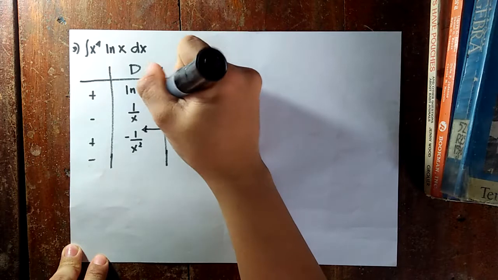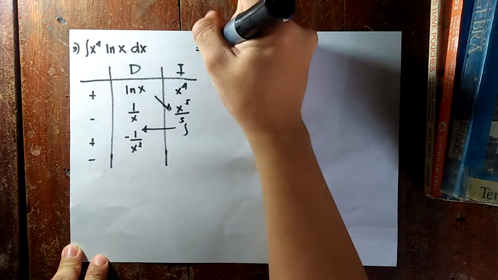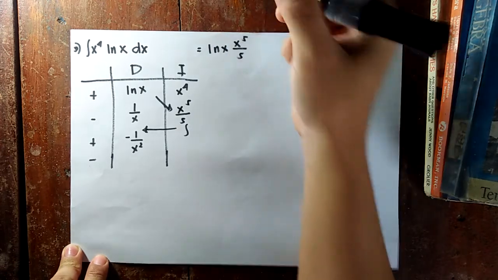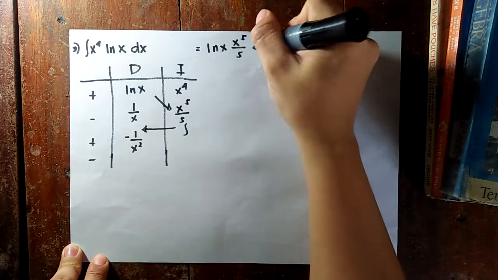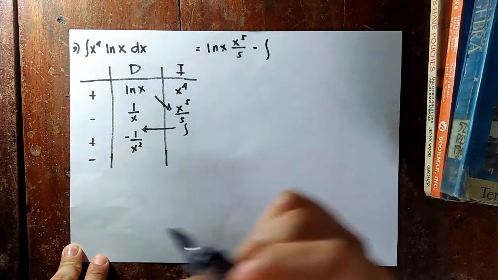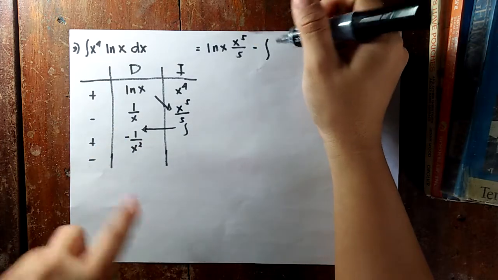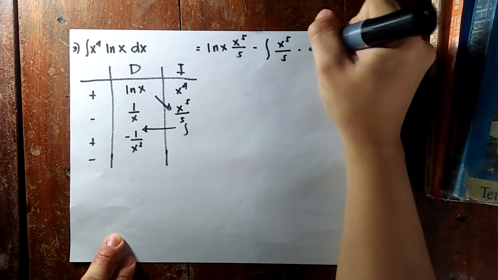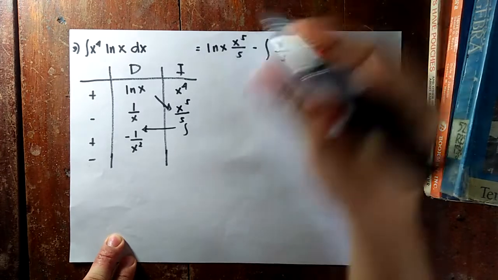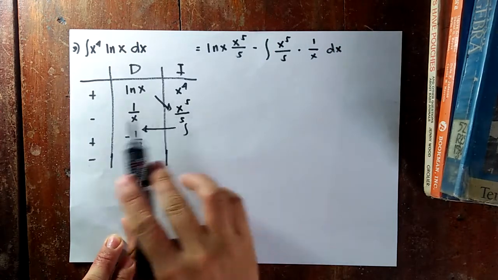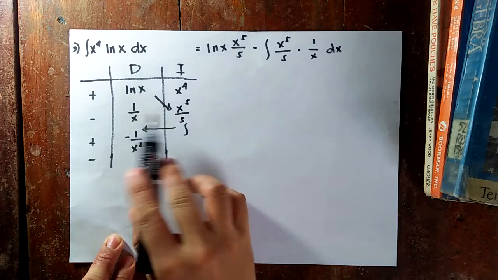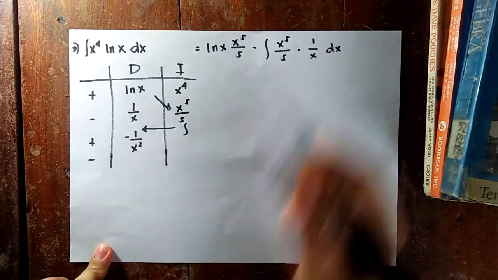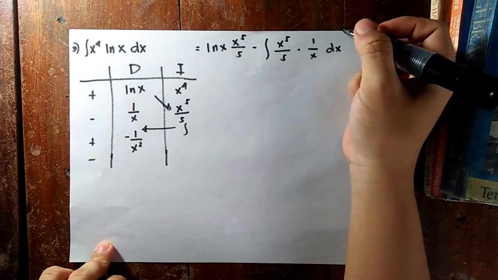So the answer would be ln of x times x to the fifth all over 5. Since this is negative, the integration of x to the fifth over 5 times 1 all over x dx.